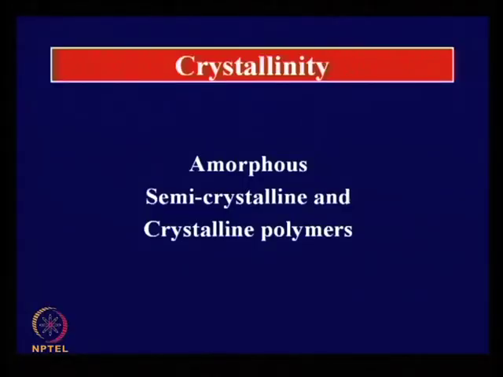What is this? That means there are certain zones or domains in a polymeric sample having crystalline order followed by amorphous regions. So, it may look like this.